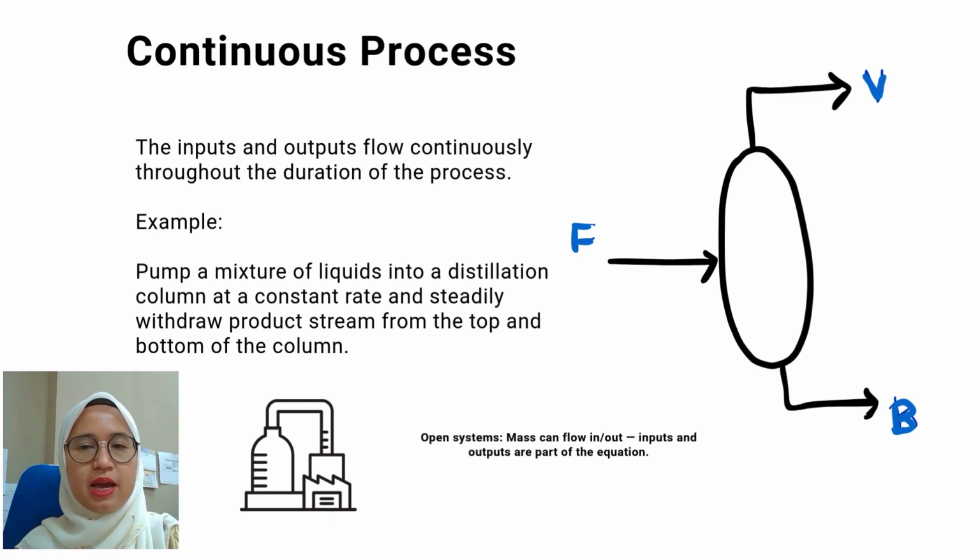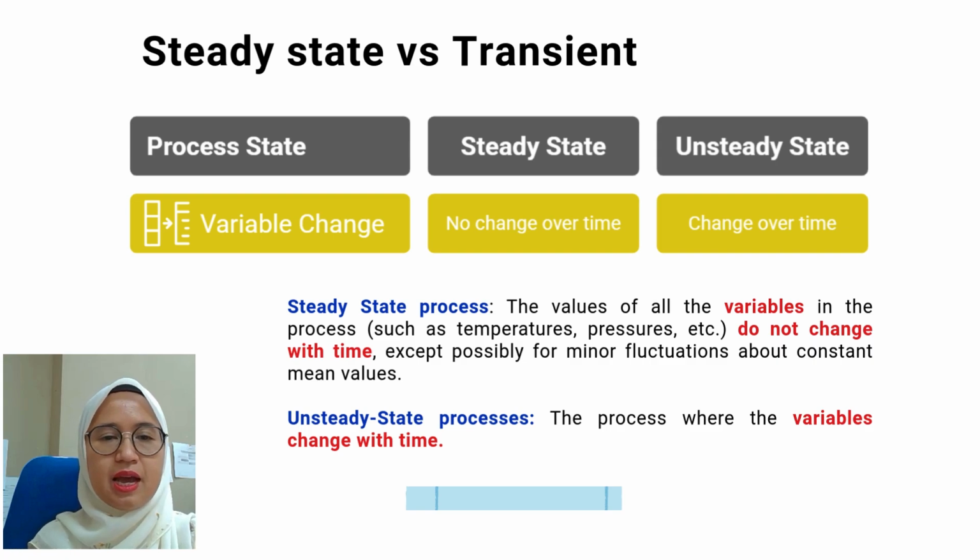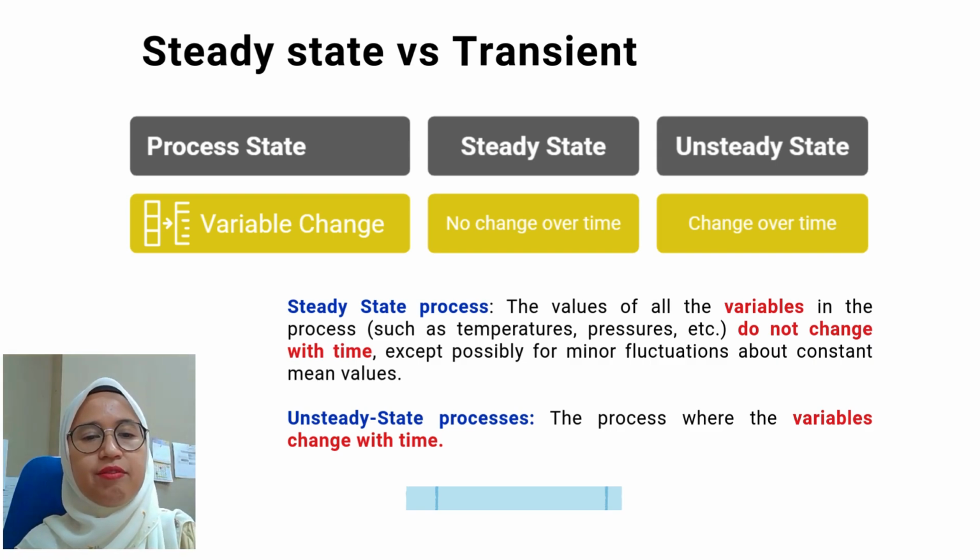This is called continuous, and it can be steady state or unsteady state. Steady state process means that the values of the variables of the process, such as mass, temperature, and pressure, do not change with time. However, for the unsteady state process, these values change with time throughout the process.